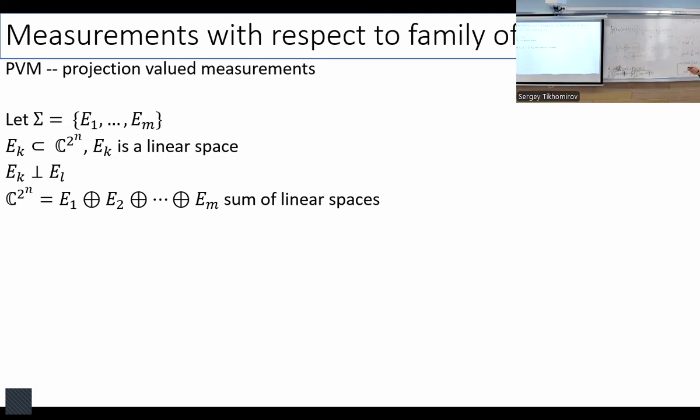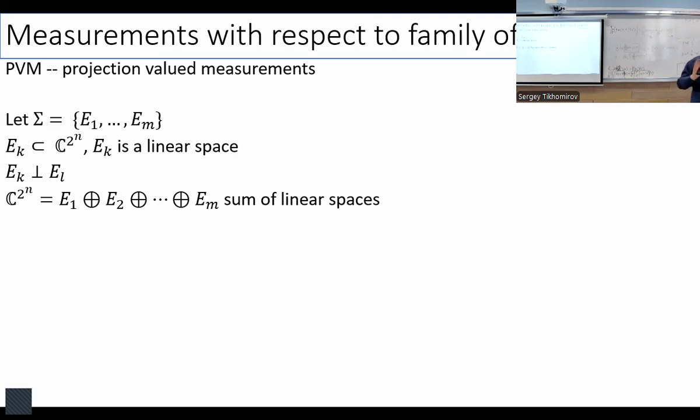So measurement with respect to a family of spaces, sometimes abbreviated PVM, projection valued measurements. And here you need to have something as a parameter. We consider our full space, which is C to the power 2 to the power n, a super high dimensional space, and we represent it as a sum, not a product.